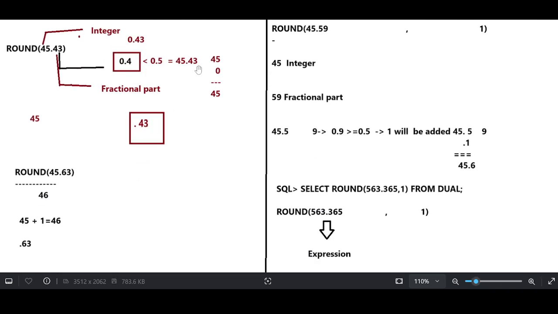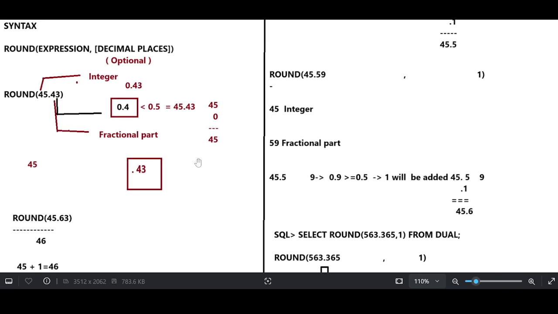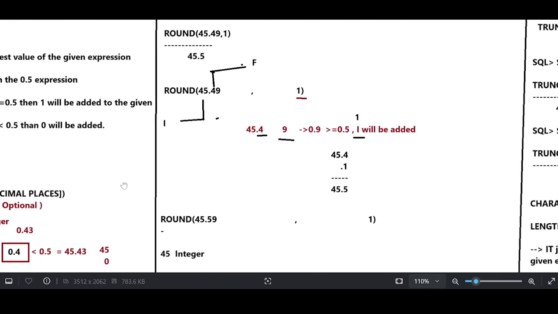By now we know how the actual rounding off happens for a given floating point value. There can be two fractional parts, three fractional parts, or four fractional parts, but we have control over that.